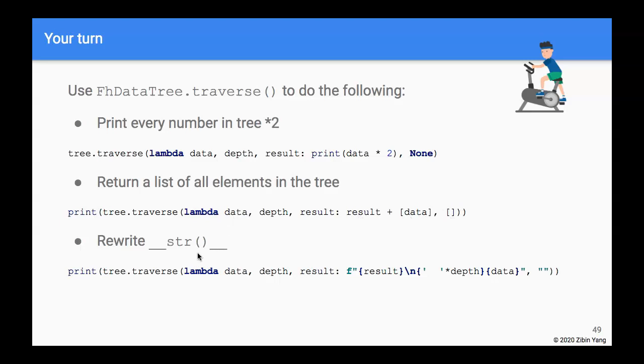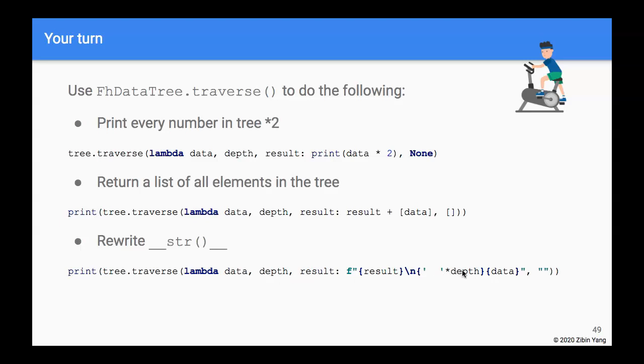Now, finally, to rewrite dunder string, again, we assume that the result is always a string that contains all the nodes that have been visited so far, and we'll keep that result around, put a new line at the end of it, and basically just add the indentation. So we'll use 2 spaces multiplied by the depth, right?